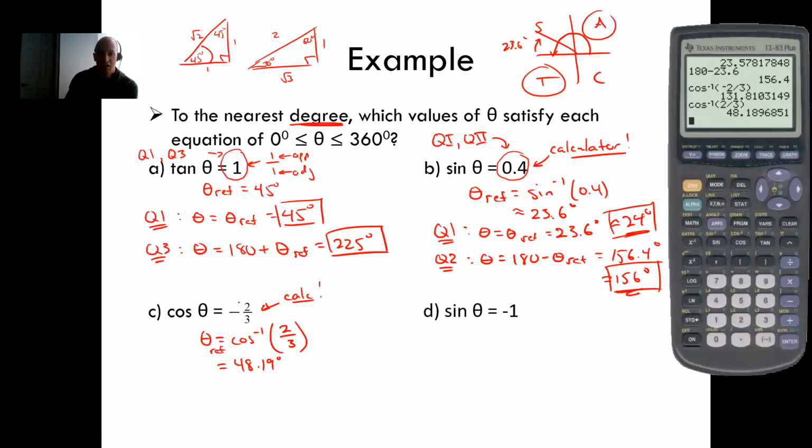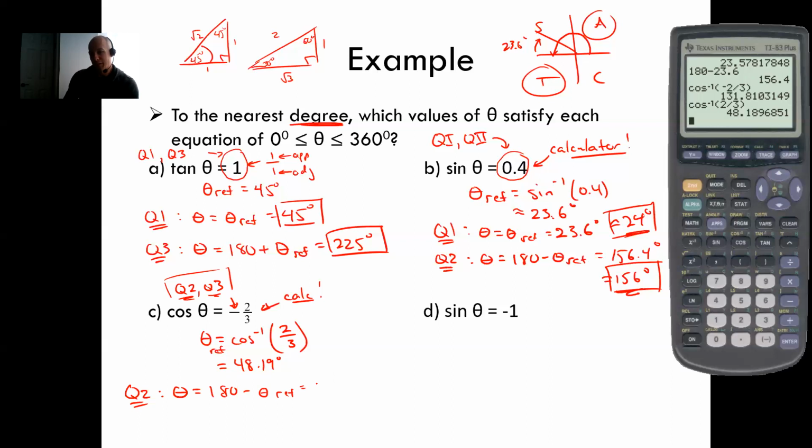So then what we say is we look at this and we say cosine is negative 2 over 3. So when is the cosine ratio negative? That happens in quadrants 2 and 3. So in quadrant 2, the angle is 180 minus the reference angle. So 180 minus 48.2.